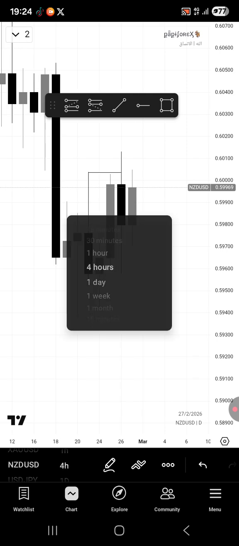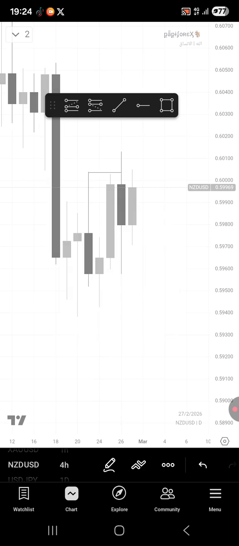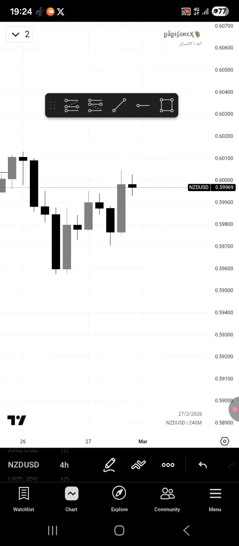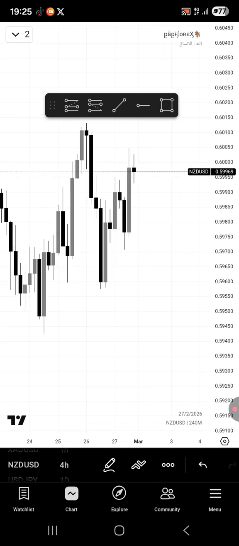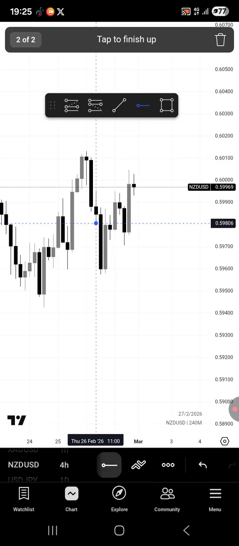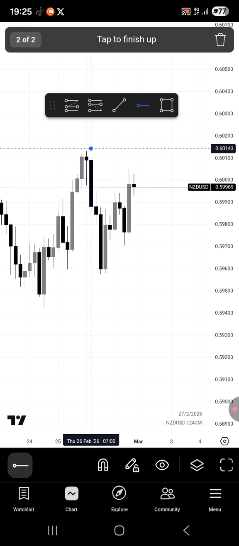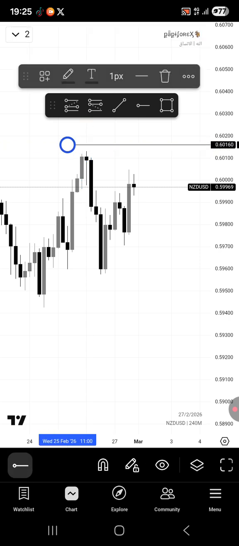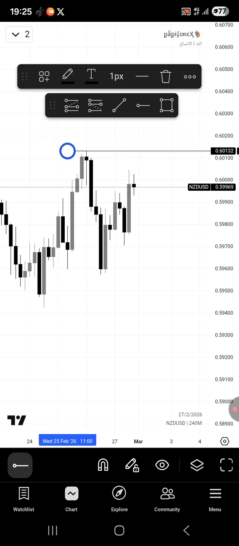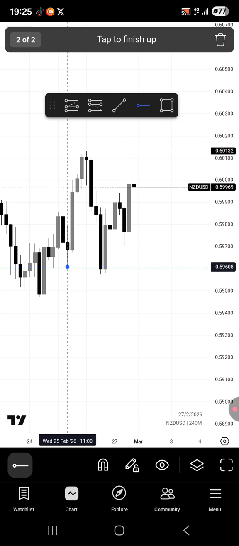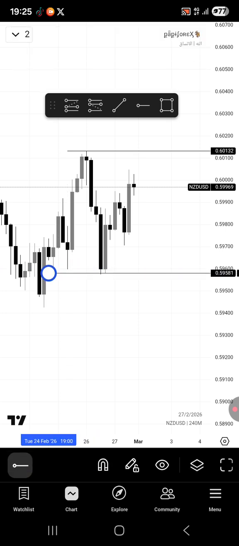Then I come to my 4 hours because that's where the real deal is. That's where I map my structures from. So for my 4 hours, where's my trading zone? This is my trading zone, the 4 hours high and the 4 hours low.